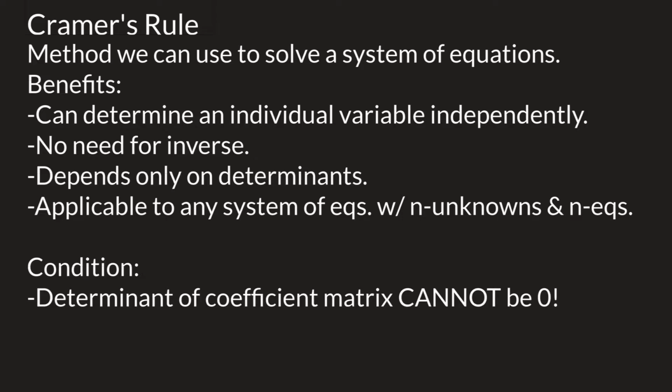The determinant tells us if we have a unique solution, and it's ultimately going to tell us if there's an inverse, and for the purpose of this video, whether we can use Cramer's rule or not. So the only condition is: is the determinant of the coefficient matrix zero or not? If it's zero, we cannot use this, and you'll see why.